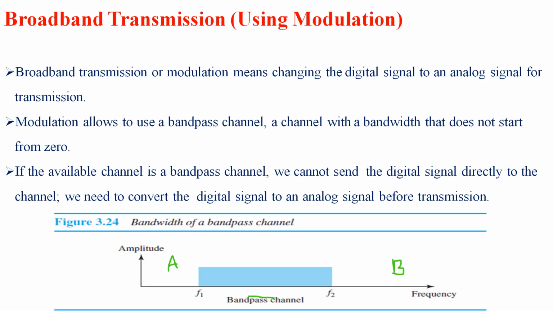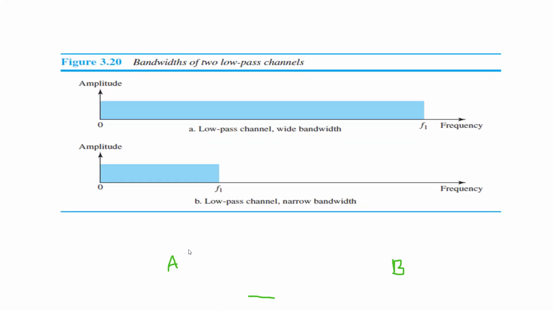Here we have examples of bandwidth of two different channels. Here we have a low pass channel with very wide, larger bandwidth, and here a narrower, very small bandwidth.